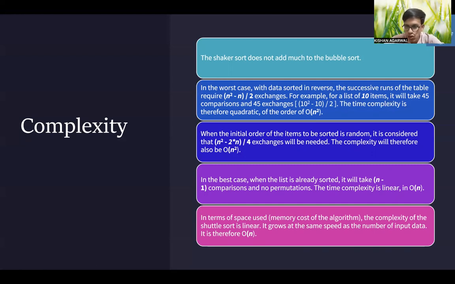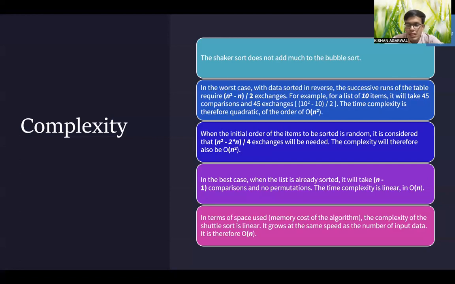When the initial order of the items to be sorted is random, it is considered that (n square minus n) by 4, that is n into (n minus 1) by 4 exchanges will be needed. The complexity will therefore also be big O of n square. In the best case, when the list is already sorted, it will take n minus 1 comparisons with no permutations.